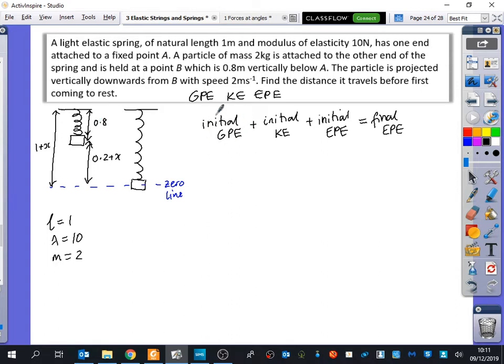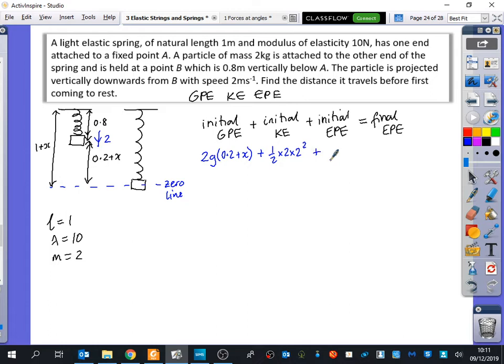So that's us dealt with this thing that we've got here for our MGH. In fact, why don't we just start doing that? So we've got that this one is MGH. Then we get a nice easy one. It says it's being projected downwards with speed 2. So we get a half m 2 squared.